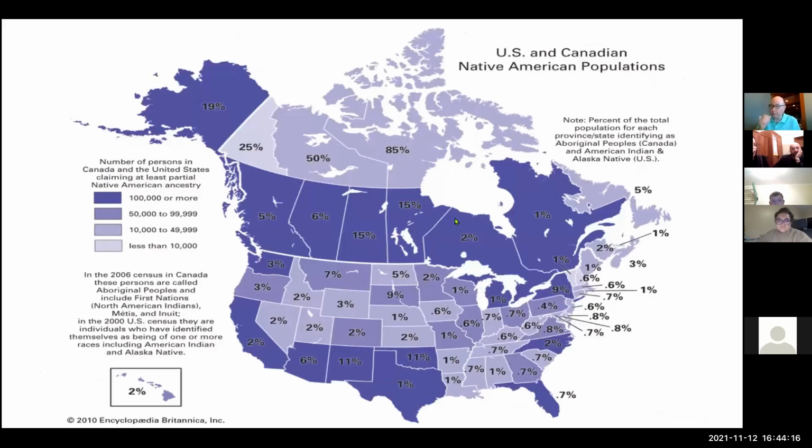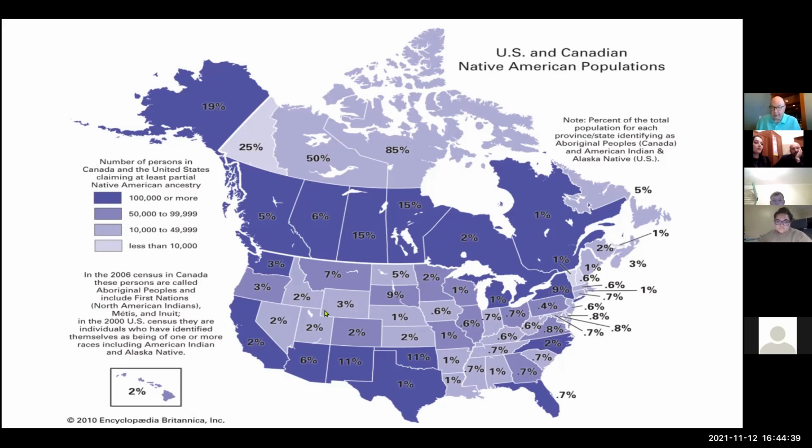And this one shows what percent of the whole. And in Alaska, it's 19% of the population. Well, almost 20% are Native Americans. And of course, these northern provinces of Canada are almost entirely Native American, 85%, oh my goodness, 50%.